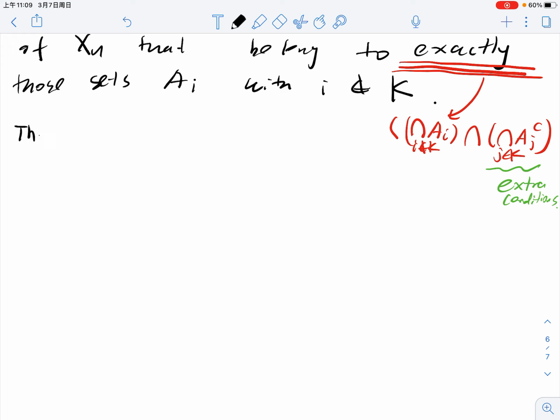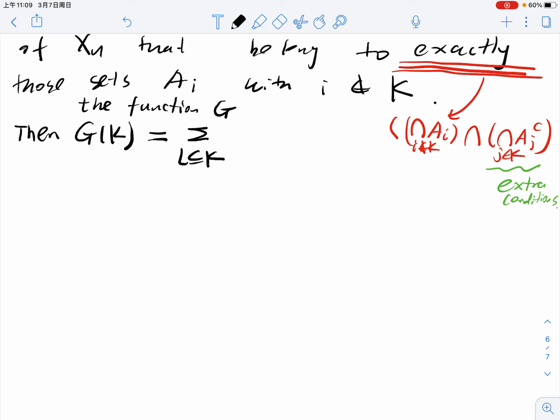Okay, and if we apply the previous scheme, then the function G, just look at G(K).